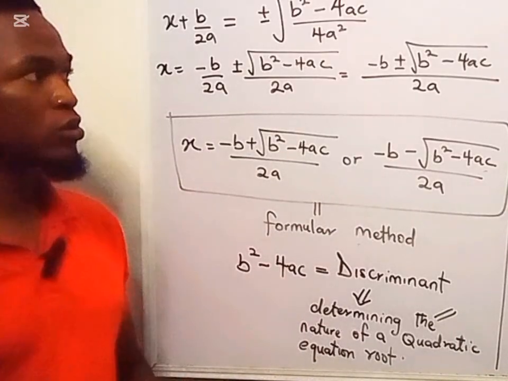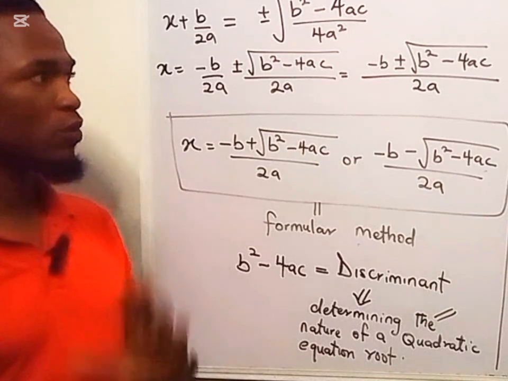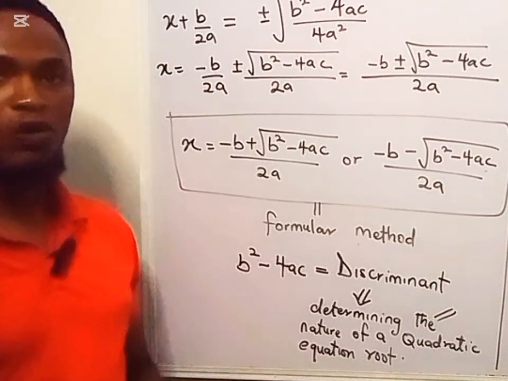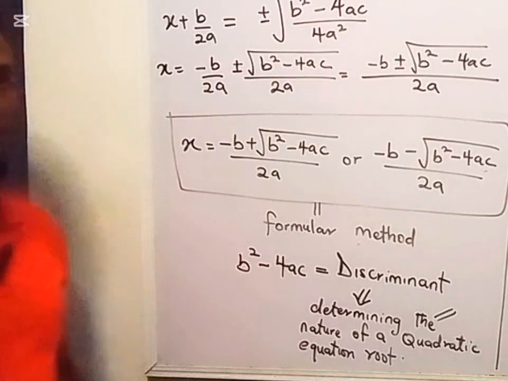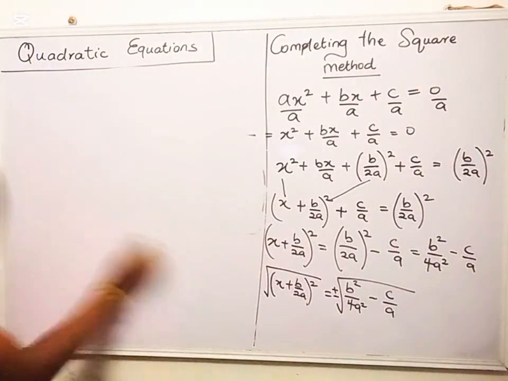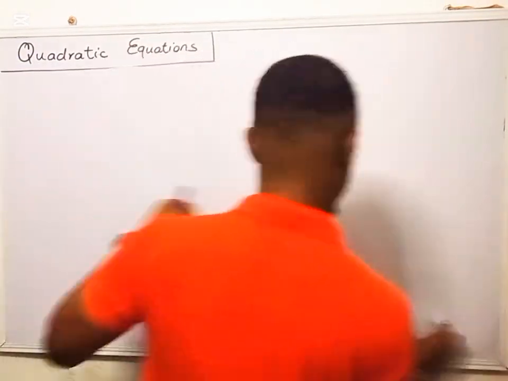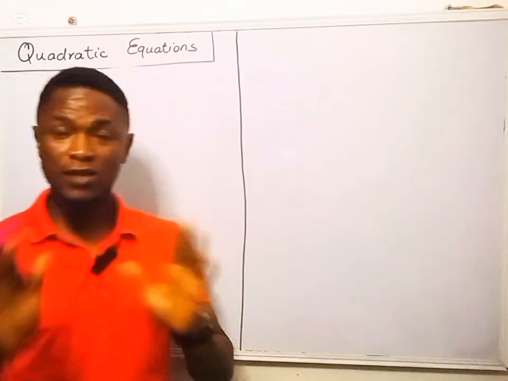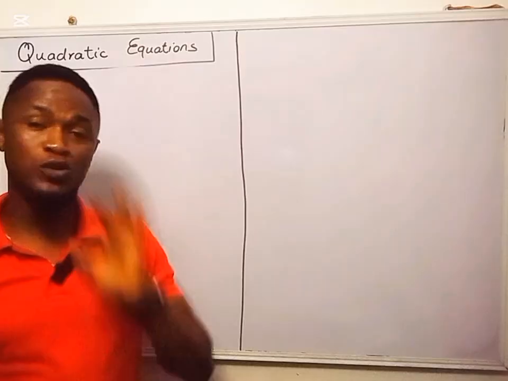I'm going to use, you know what, let me just solve one example, and I'm going to use the different methods to solve the same example. So I'm going to pick any quadratic equation and solve it.